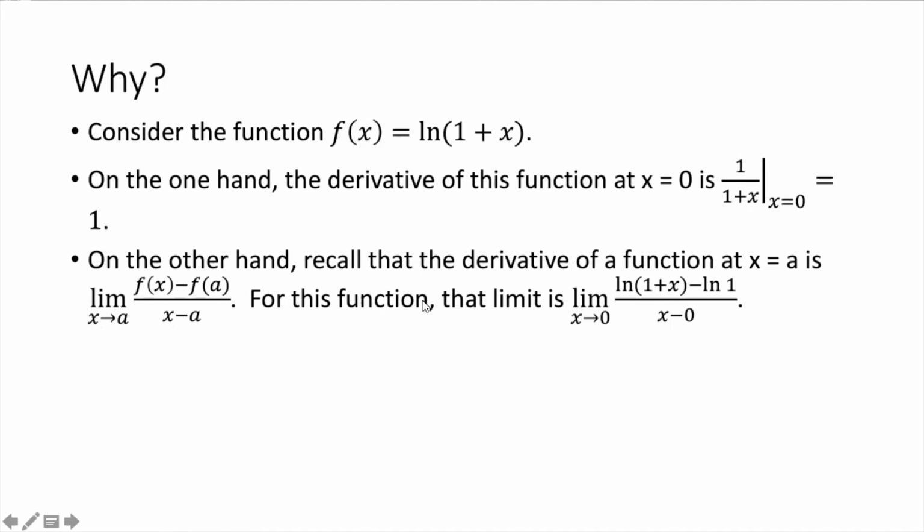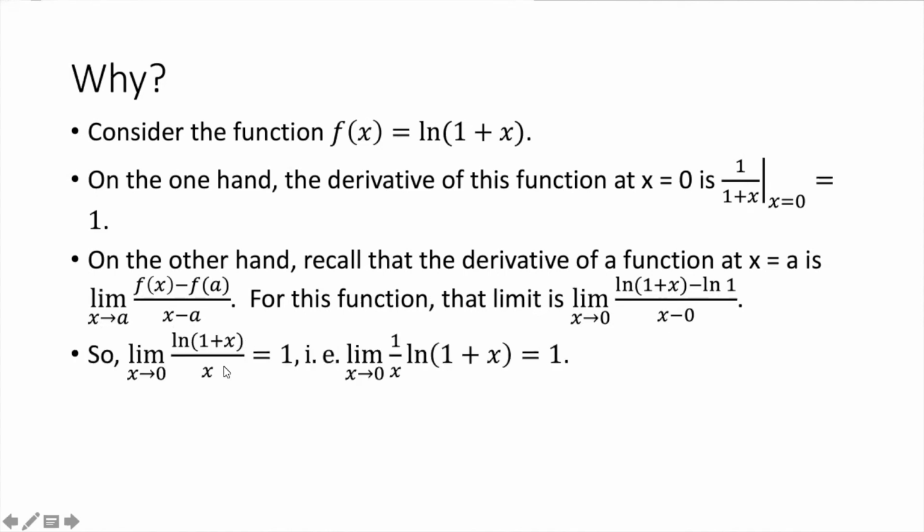So for this function, and this is something you should think about for at least 30 seconds, that limit would be the limit as x approaches 0 of natural log of 1 plus x minus natural log of 1, divided by x minus 0, which simplifies to natural log of 1 plus x over x. Since we know from this second bullet that the derivative of this function at x equals 0 is 1, we know that this limit is 1, because this limit is the derivative.